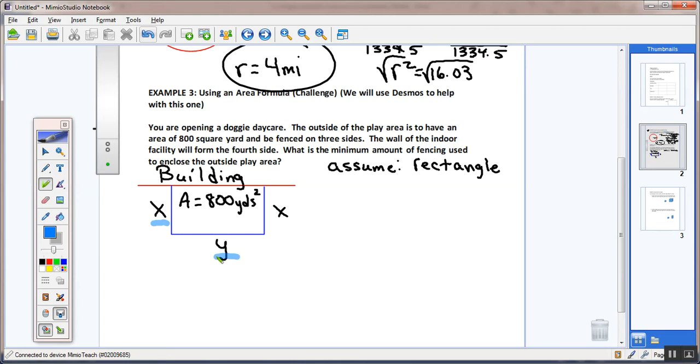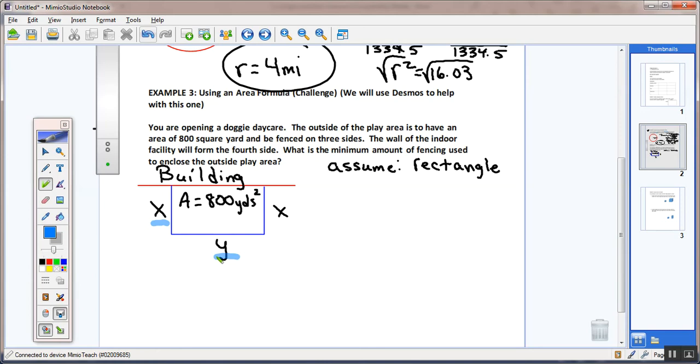I want to keep our costs as low as possible, right? I could make any rectangle that makes 800 square yards, but I want one using the least amount of fencing possible. Because using the least amount of fencing possible means what? Less money for us, okay?